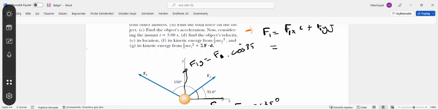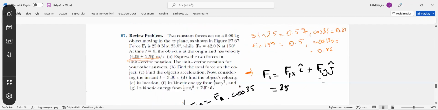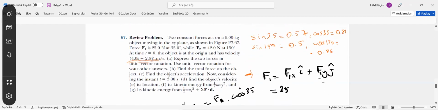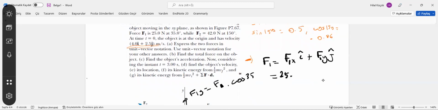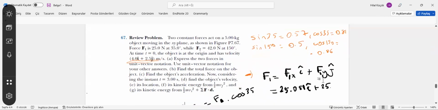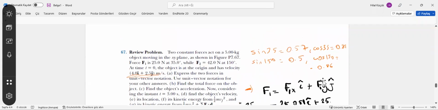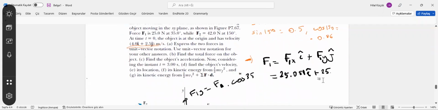Sorry, F1 is 25 Newton. 25 Newton and cos 35, 0.8 i plus 25 multiplied by sin 35, 0.57.